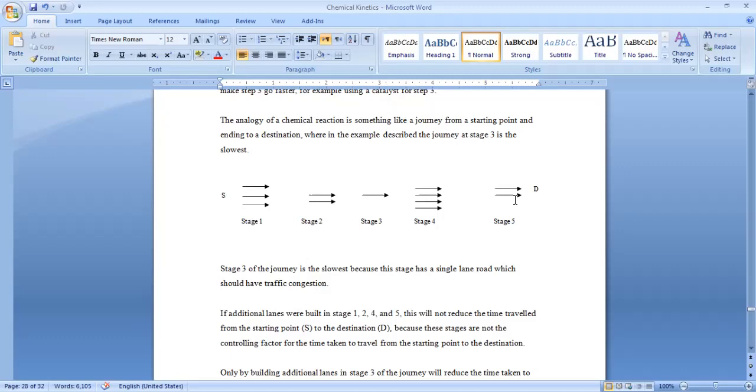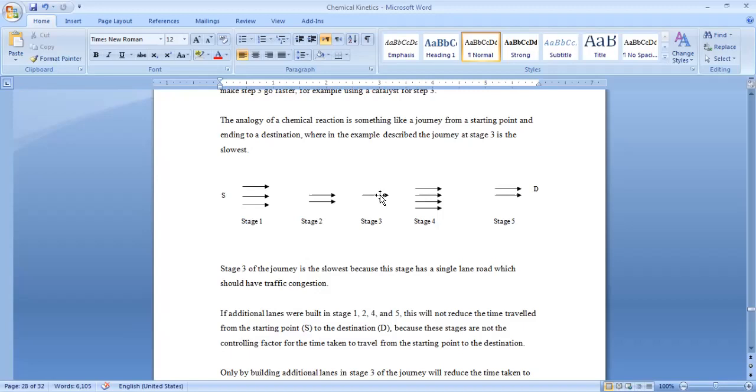It is a 1 minute duration. But let's say stage 3 is 1 hour. So the whole journey takes you 1 hour 1 minute. Stage 3 costs us 1 hour, while the total of stages 1, 2, 4, and 5 is 1 minute, because the road is very large and the lanes are very free.